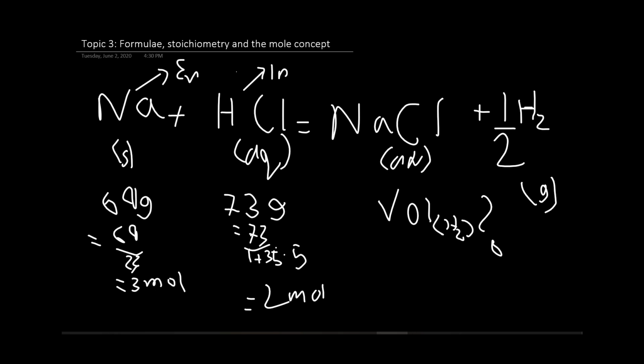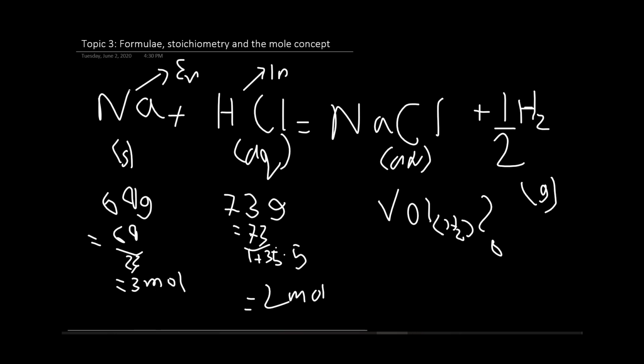And the question is, why does this happen? Understand that you need HCl to react with sodium, the same way you need sodium to react with HCl. But when 2 mole sodium will react, you need 2 mole HCl for that, right? So 2 mole HCl will react with 2 mole sodium according to our equation.